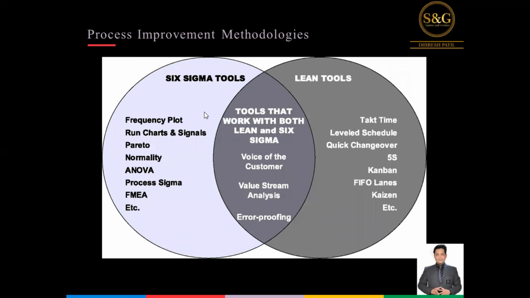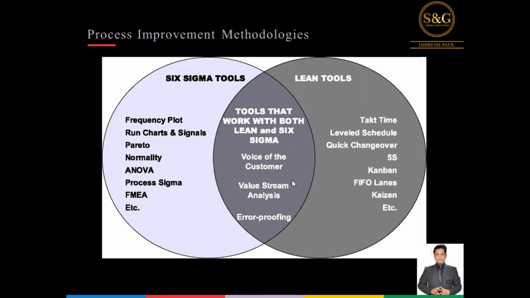So what kinds of tools are implemented in Lean Six Sigma? Six Sigma tools are frequency plots, run chart, Pareto, normality, ANOVA, process sigma, FMEA, etc. We are going to cover some of these tools in this Green Belt. And in Lean tools, we have takt time, level scheduling, and then changeover reduction like SMED, 5S, Kanban, FIFO, and Kaizen.